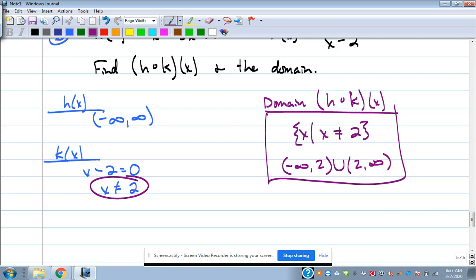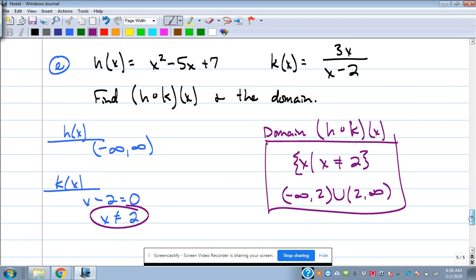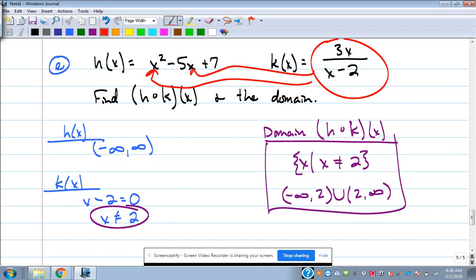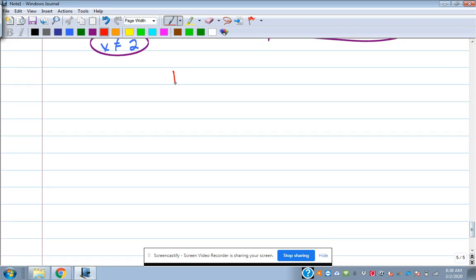Now the fun part, actually finding the composite function. So we're taking k of x, put it in everywhere there's an x into the h of x function. So h composed with k of x.